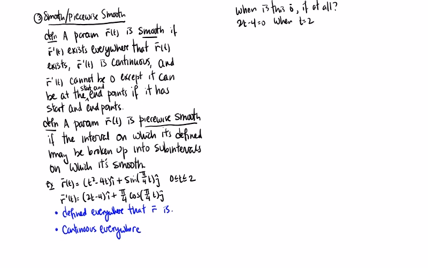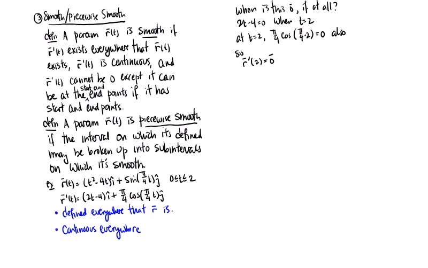And if you plug t equals 2 into the second one, you also get 0, because you get the cosine of pi over 2, which is 0. So what that says is that the derivative at 2 is 0.